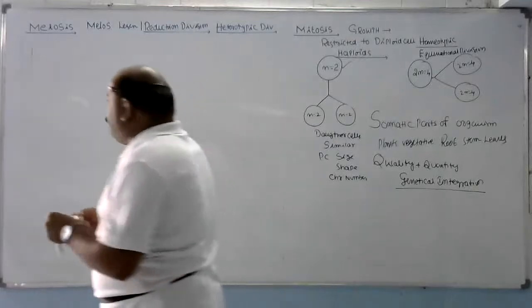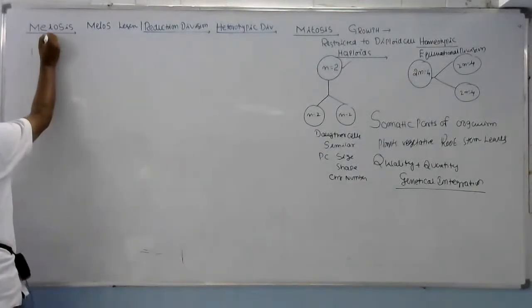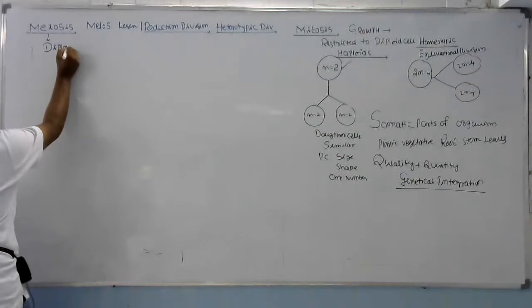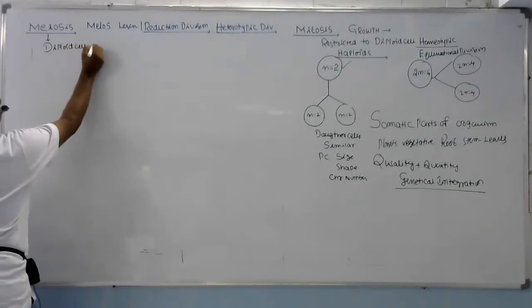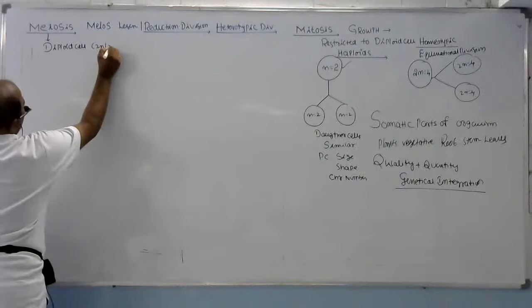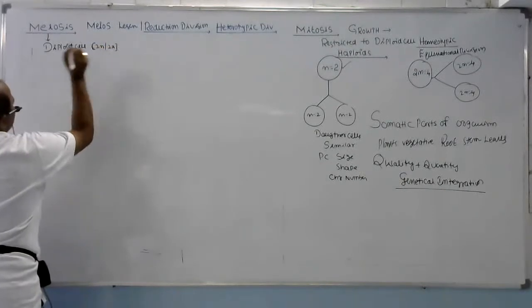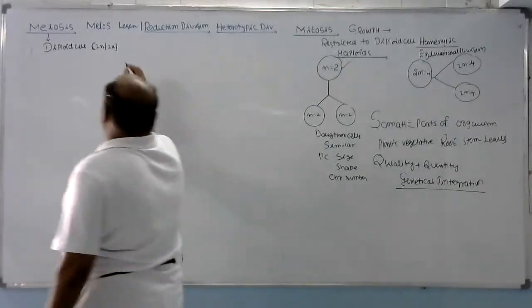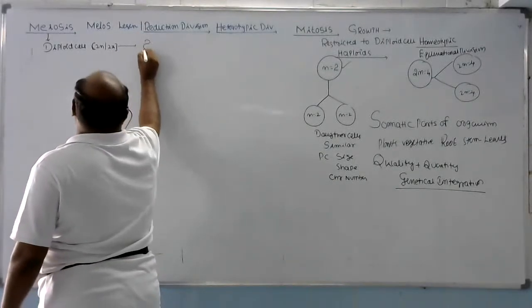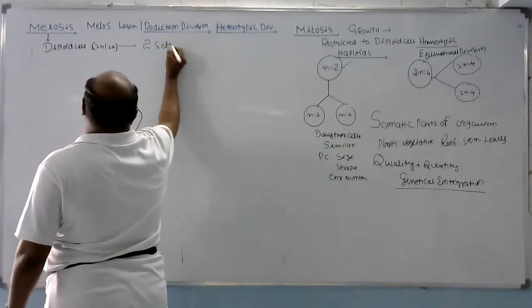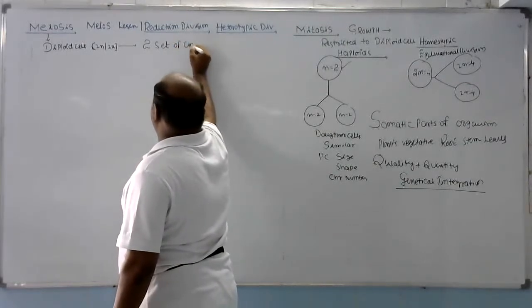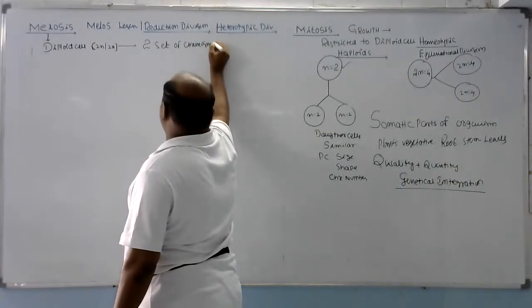Okay. Where does the meiosis process happen? The meiosis process happens only in diploid cells, either 2N or 2X. Diploid cells have how many sets of chromosomes? 2 sets of chromosomes.